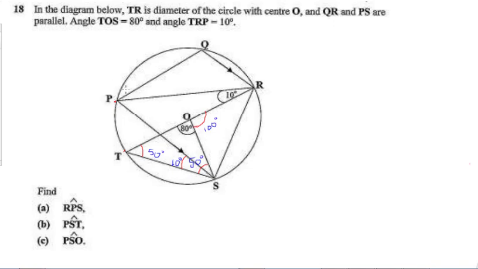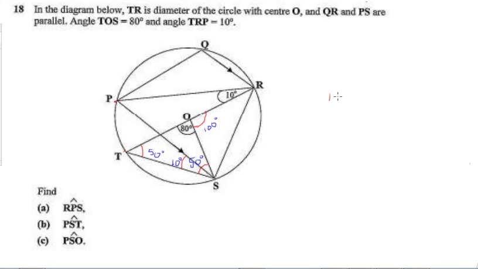And what other angle can we find? We've got a 10 degrees there, we've got 100 degrees there. This angle is at the center. Same principle applies as we had applied in the previous parts. So if this is 80 degrees, this is 50, this is 50, gives us 100, this is 180. So if this is 100 degrees, it means this should be equal to that, and this plus that should give us 180.